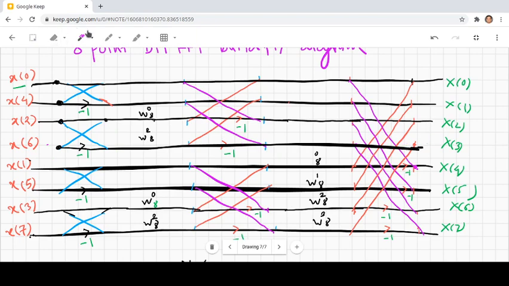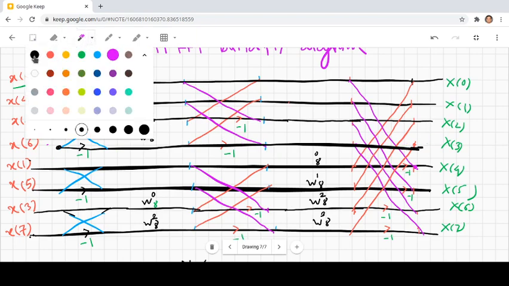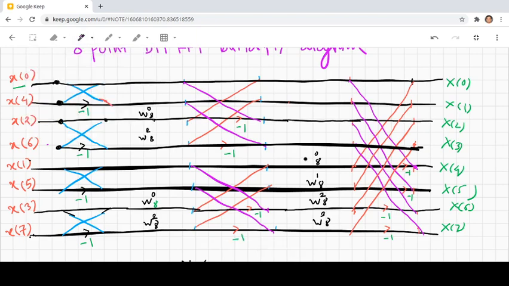Then you have to remember a few twiddle factor values. Starting from the right, you have to remember W raised to 0, W raised to 1, W raised to 2 and W raised to 3. These 4 consecutive values you have to remember.